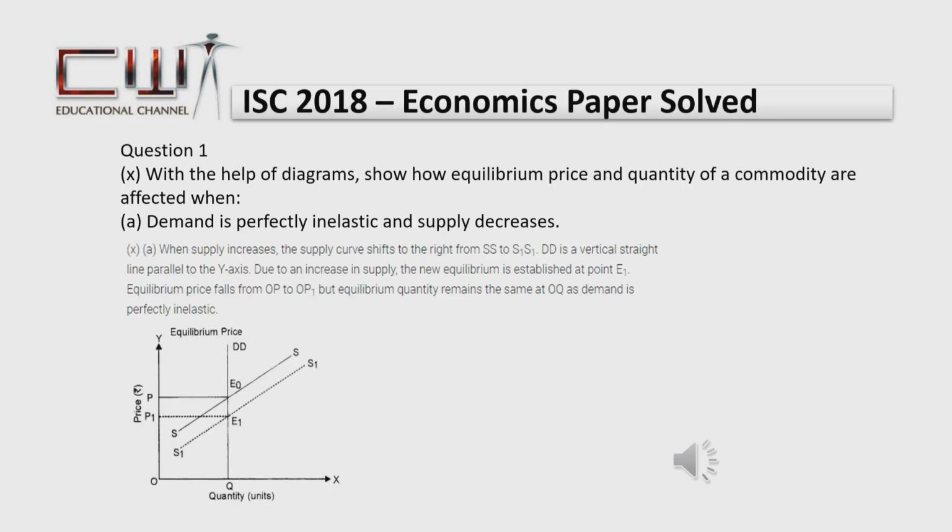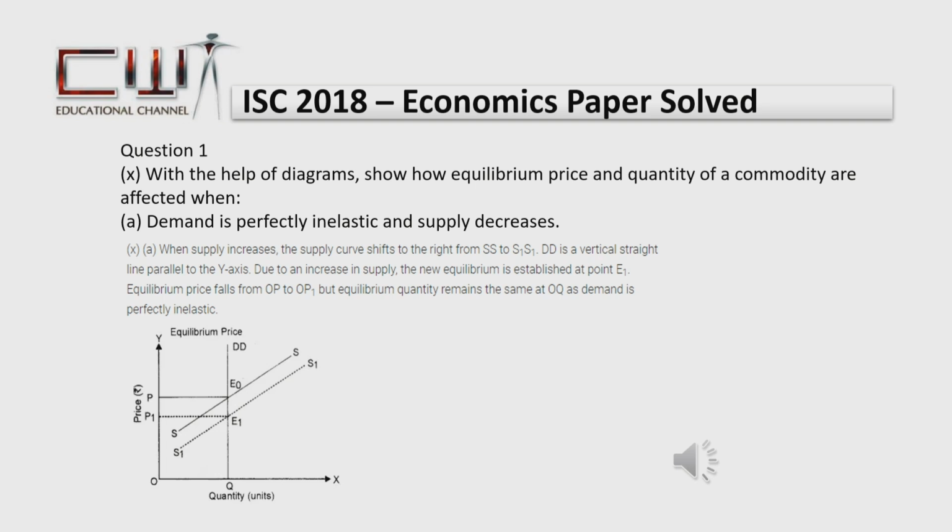With the help of diagrams, show how equilibrium price and quantity of a commodity are affected when demand is perfectly inelastic and supply increases. We look at this graph. On the y-axis we show the price, on the x-axis we show the quantity in units. DD is the demand curve which is perfectly inelastic, and SS and S1S1 are the supply curves.